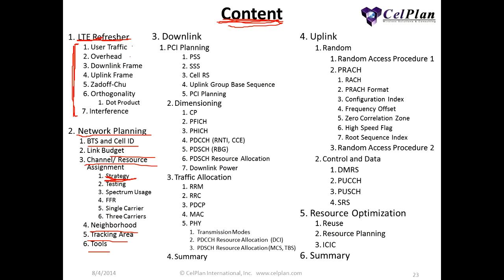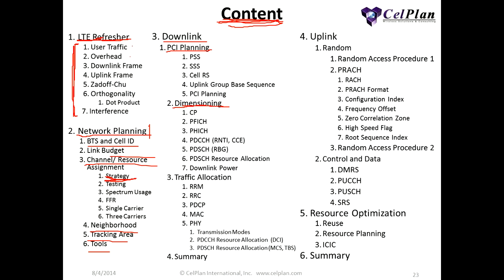After speaking about network planning, we will speak about the downlink. Then we will have PCI planning, one of the most important items. Then we have several parameters that need to be dimensioned.